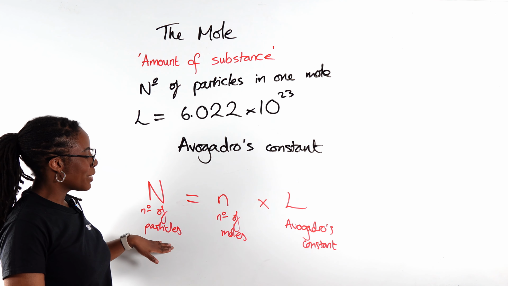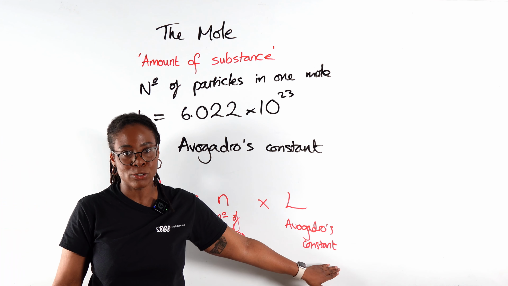Okay, number of particles is equal to the number of moles multiplied by Avogadro's constant.